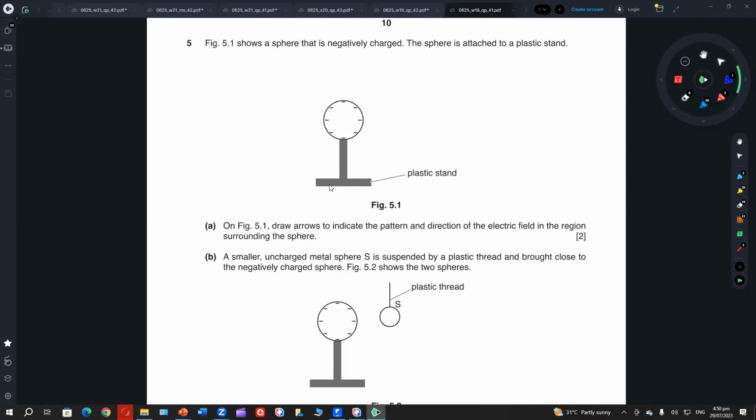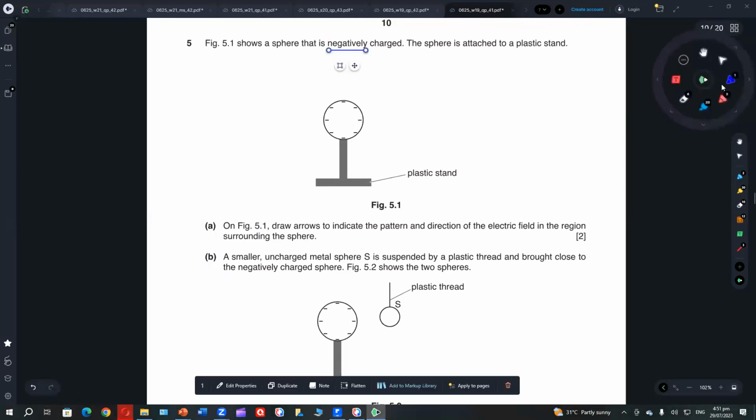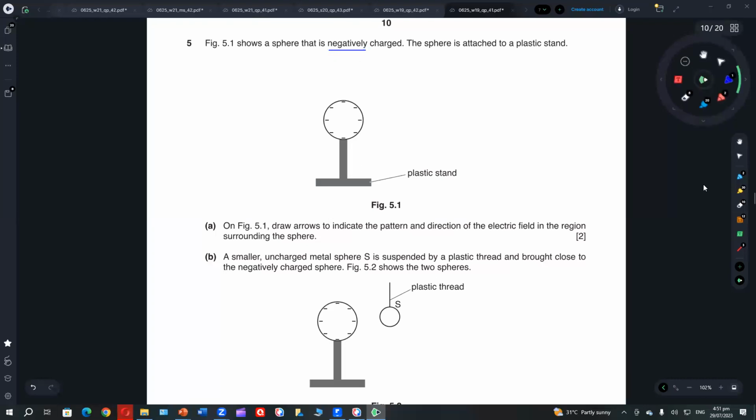The sphere is attached to a plastic stand. Examiner says that the sphere is negatively charged. On figure 5.1, draw arrows to indicate the pattern and direction of the electric field in the region surrounding the sphere. You have to see the notes on how we draw a field around a charge.